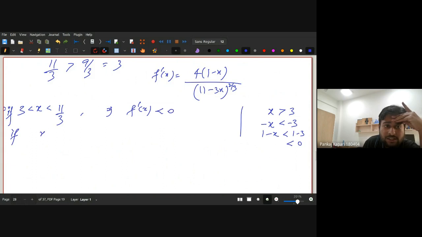Further, if x is bigger than 11 by 3 and, let's say, lies beyond 4, then what is the sign of the derivative?